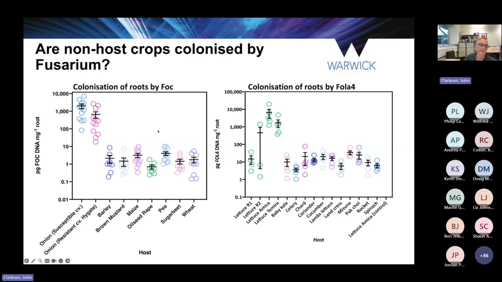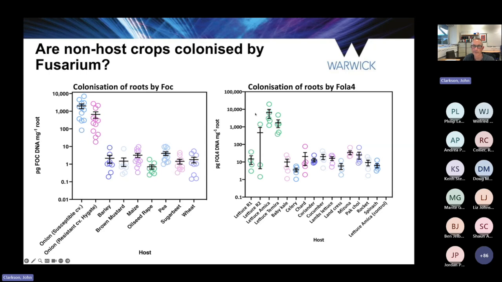So you can see for FOC on the left-hand side here, we can see a number of different crops are colonised, albeit at quite a low level, compared to onions, where you'd expect a high rate of colonisation. And on the right-hand side, for the lettuce pathogen, again, we can see that some of these other leafy crops are also colonised by the pathogen.